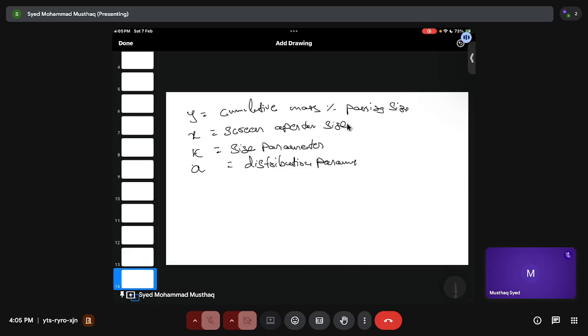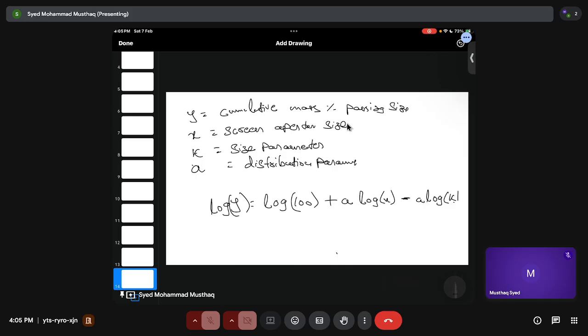Now if you apply logarithm, then log y will be equal to log 100, at first you take out constants, plus a log x minus a log k.